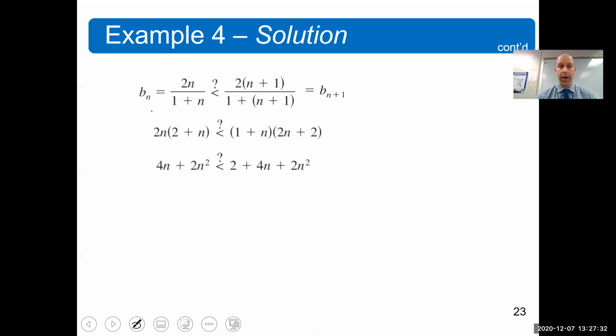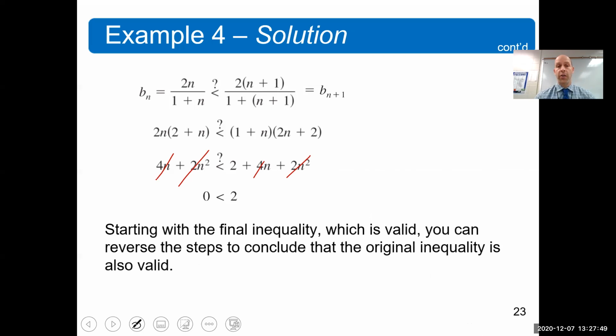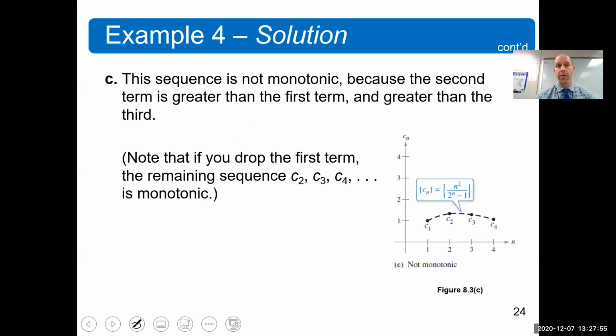Once we cross multiply, we can go ahead and FOIL things out. And then we can subtract the things that are on both sides. So for example, I can cancel this and this, and then I can cancel that and that. So we're left with 0 is less than 2. 0 is always less than 2. So starting with the final inequality, which is valid, you can reverse the steps to conclude the original inequality is also valid. So therefore it's monotonic.